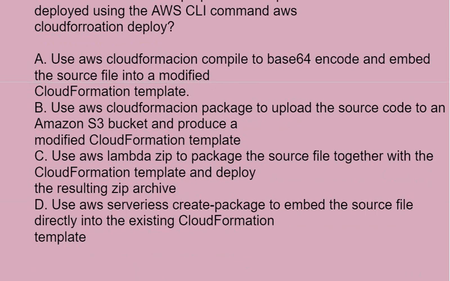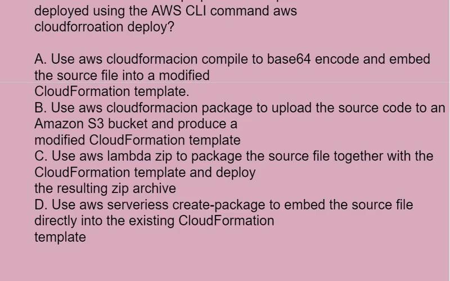Option A. Use AWS CloudFormation compile to base64 encode and embed the source file into a modified CloudFormation template. Option B. Use AWS CloudFormation package to upload the source code to an Amazon S3 bucket and produce a modified CloudFormation template.